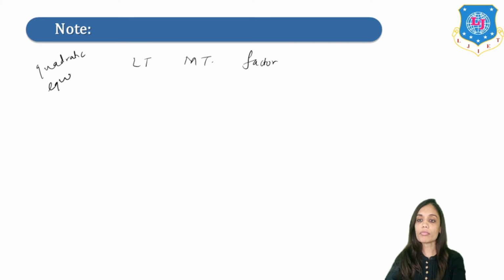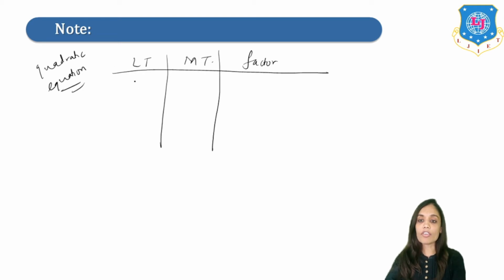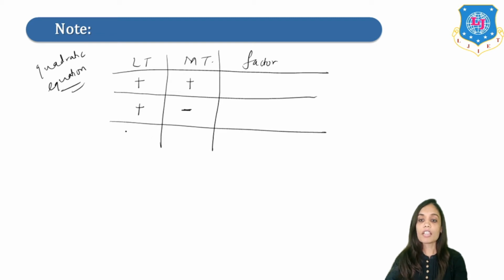Firstly, the sign of the last term is plus and the middle term sign is also plus. The next case is the sign of the last term is plus, middle term sign is minus. Next, the sign of the last term is minus, middle term sign is plus. In the last case, there will be every time 4 cases, right? The sign of the last term is minus and the middle term sign is also minus.